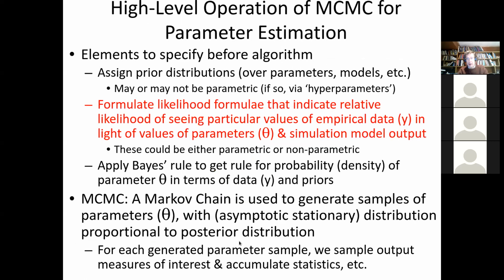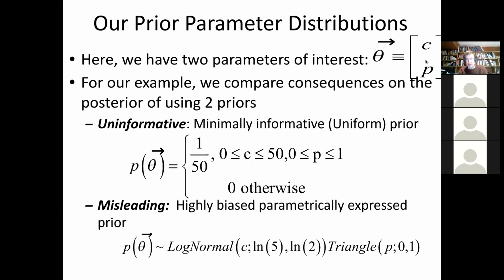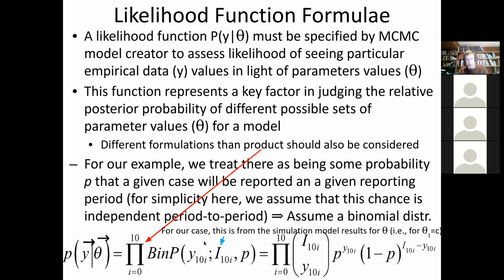Essentially, what we've done is taken our parameter vector, plugged in the values from the parameter vector into the model, run the model with it, the simulation model over time, say our compartmental model, run it over time. That will give us, for each point in time, some number of infections. And this likelihood function will compare that against the empirical data.